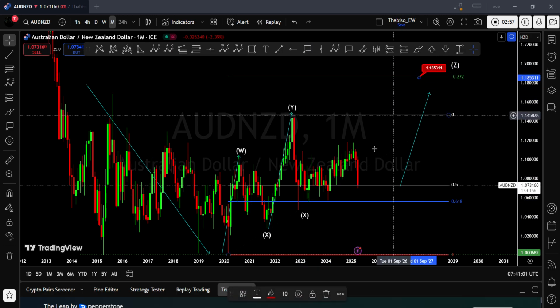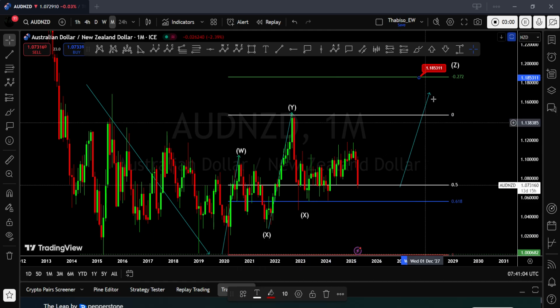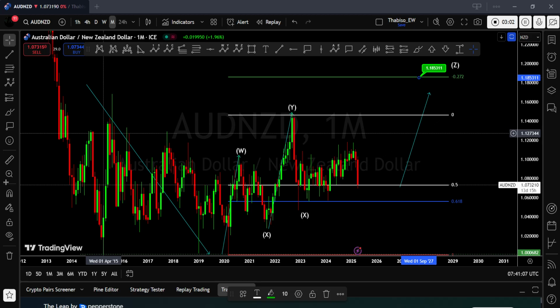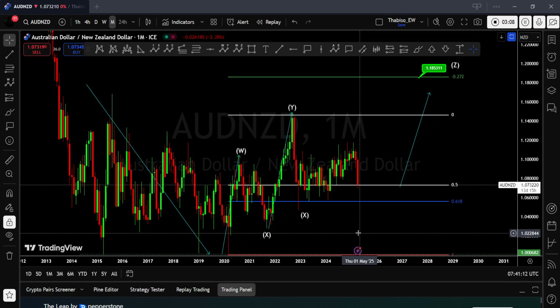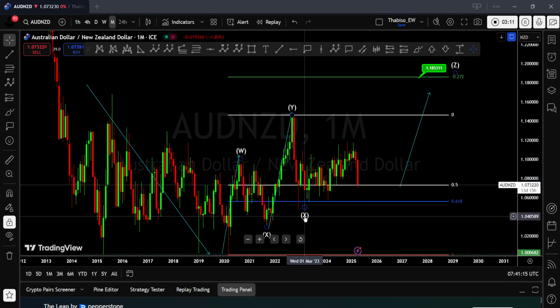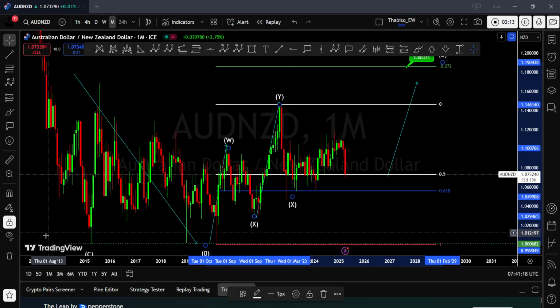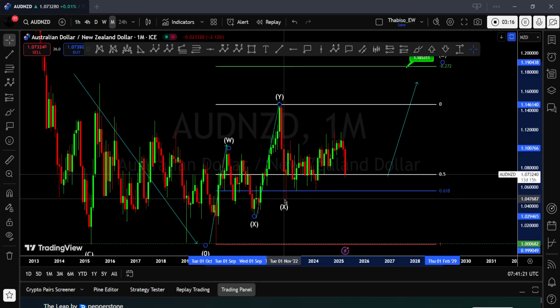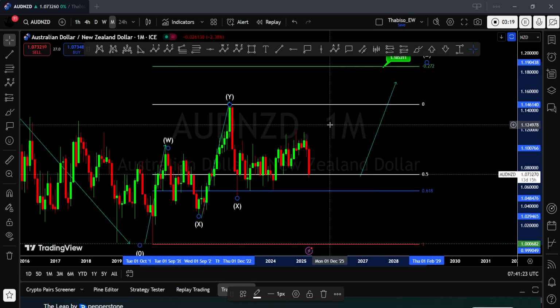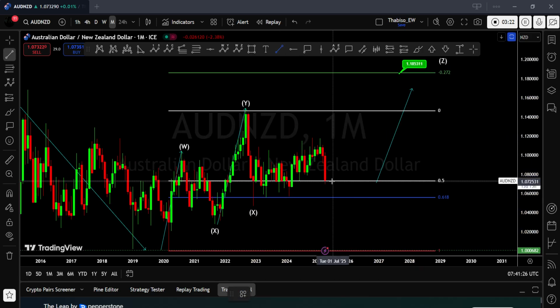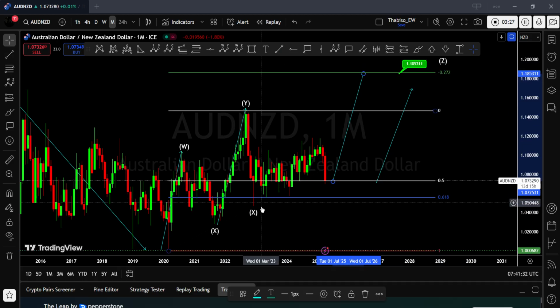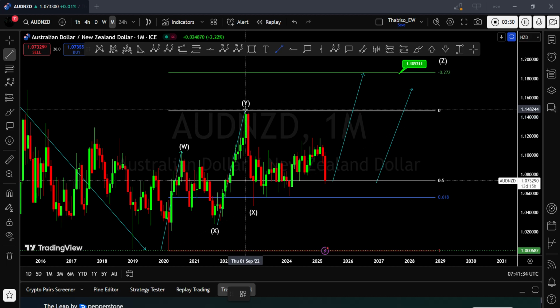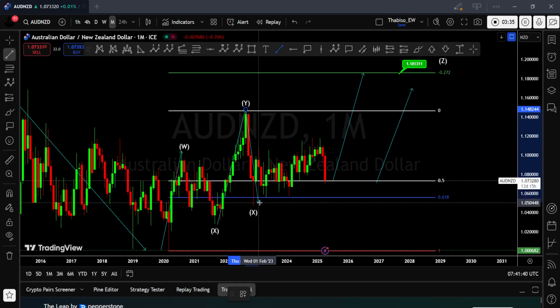So we'll just make it green, 1.8. Okay. So as things stand, this X here could well be completed, and we could be going up towards completing the Z leg, because usually after the Y you would get a correction towards 50, 61.8.